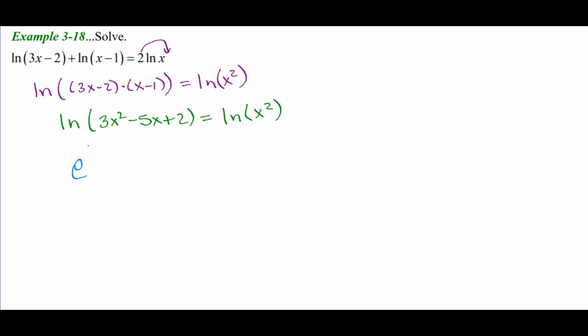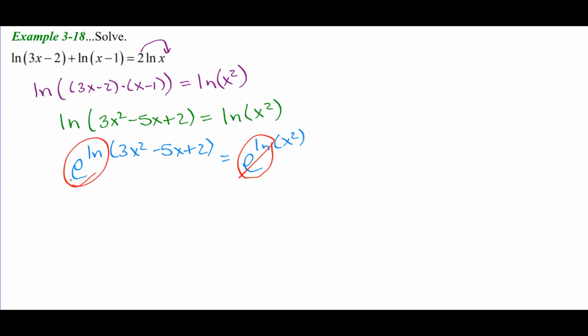So this becomes e to the natural log of 3x squared minus 5x plus 2 equals, and then over here e to the natural log of x squared. So remember, these will cancel each other out. So we'll end up with 3x squared minus 5x plus 2 equals x squared.